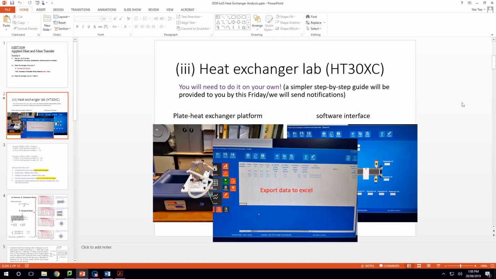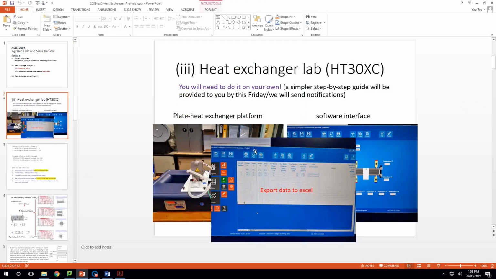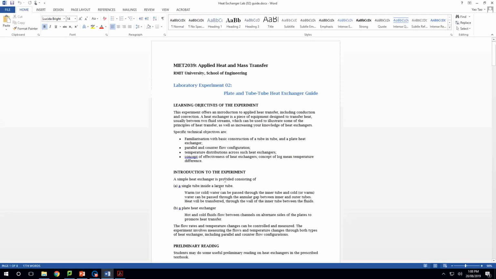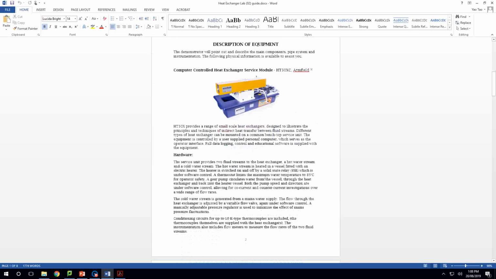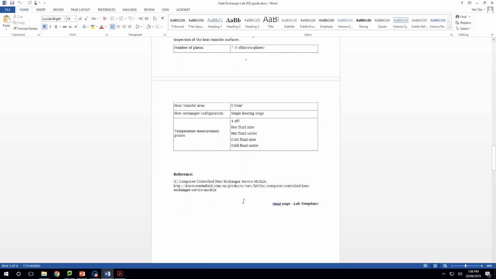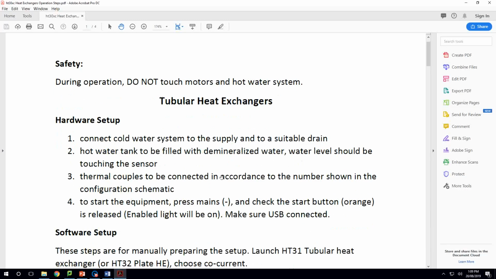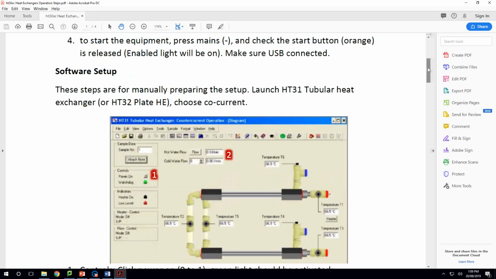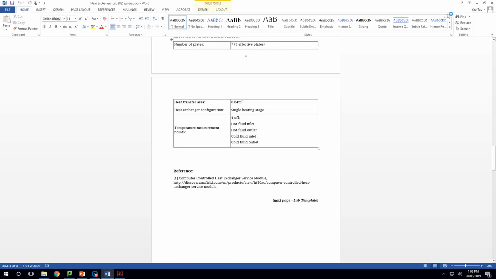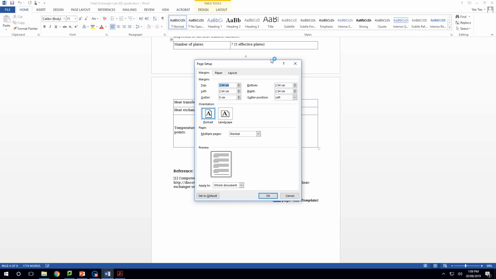Okay. So the heat exchanger lab would be a platform that looks like this. This is the plate heat exchanger, and although we did prepare some materials for you, for example, to explain what this experiment setup consists of, the details of that, and also the steps for you to operate from the beginning to the end, Kiao says he's pretty sure that you are not going to look at this guide beforehand.